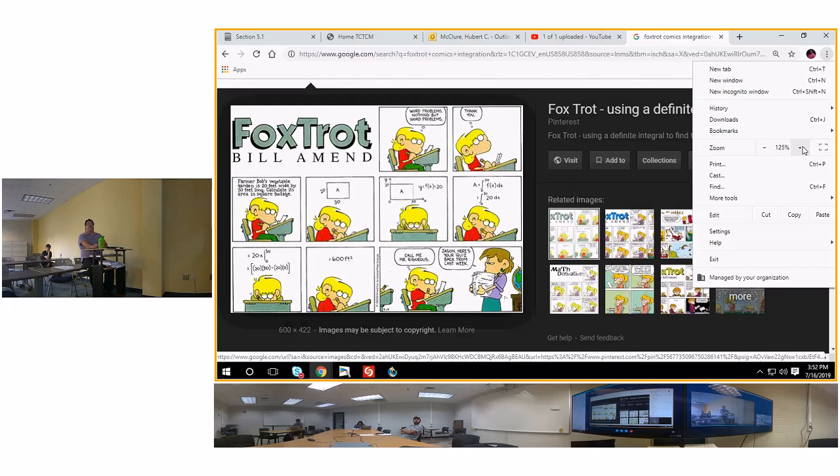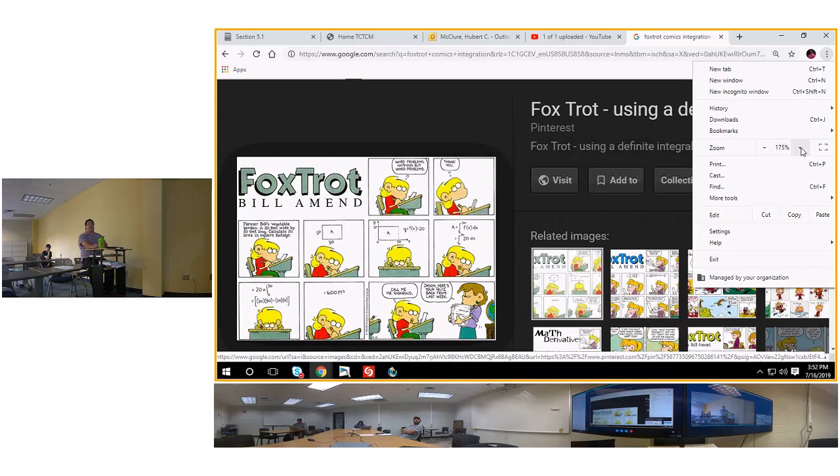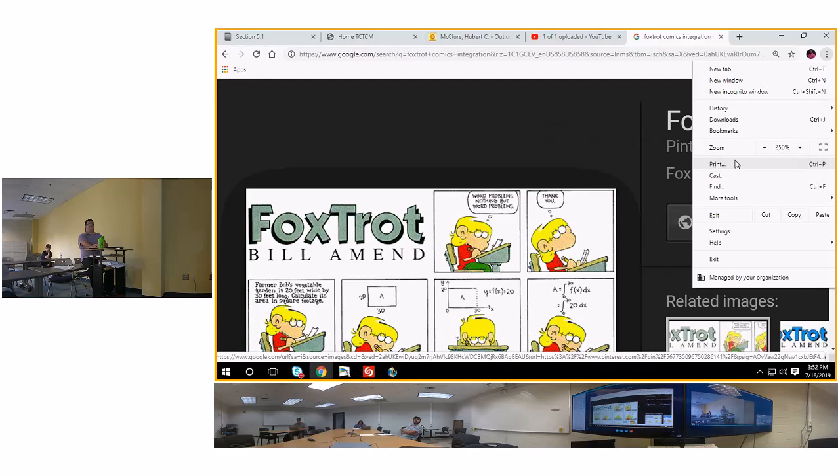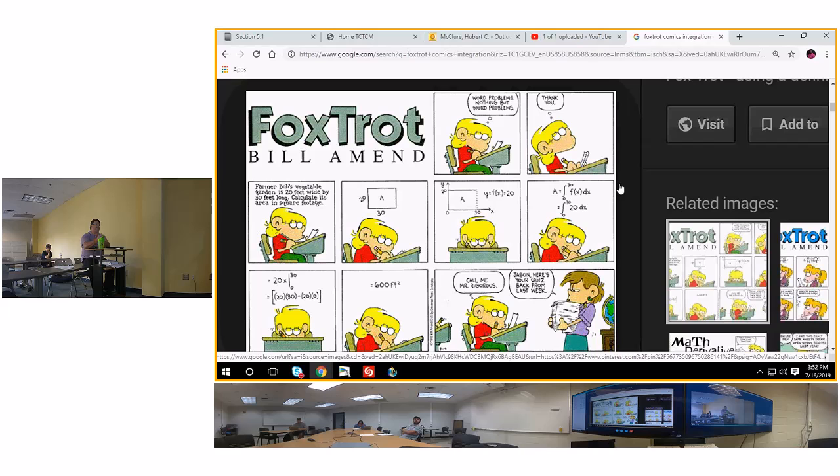I know somebody's going to sit there and go, I can't read it. All right, this guy is sitting in there, and the question is, Farmer Bob's vegetable garden is 20 feet wide by 30 feet long. Calculate its area in square footage.